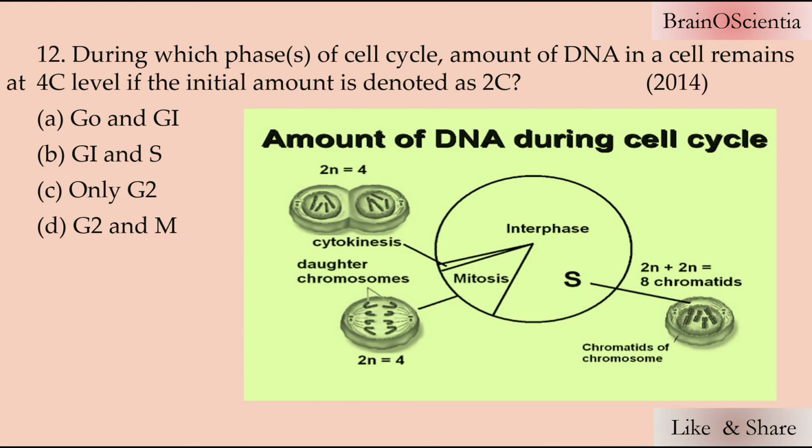So you see, the cell cycle comprises interphase and mitosis. Interphase again comprises three phases: G1, S, G2. In the S phase of the cell cycle, the chromosome got double, that is, DNA got double, because in the S phase DNA replication takes place.